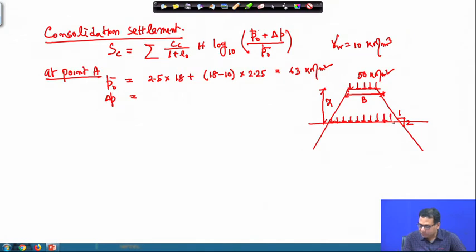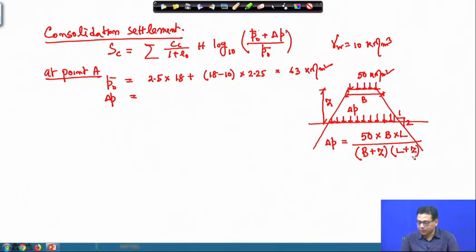Because it is a 1:2 distribution, the additional stress del P will be equal to 50 into B into L divided by B plus Z into L plus Z. This is the distribution.